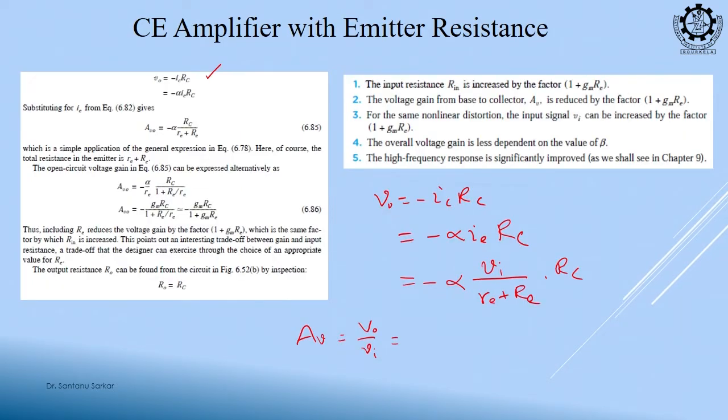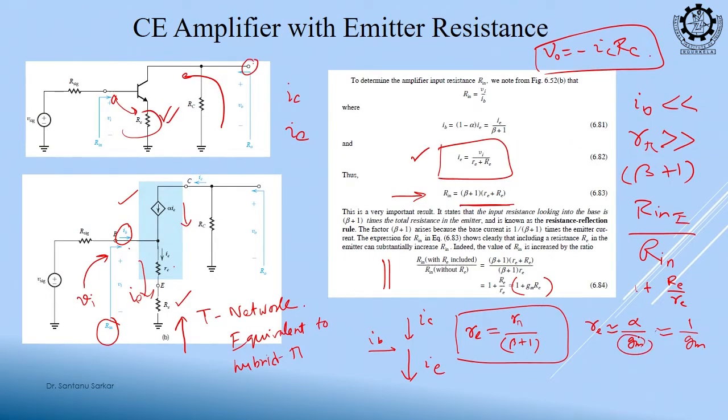So, if we take common minus alpha by small RE, it becomes RC by 1 plus capital RE by small RE, same circuit, I have just taken common this small RE. What is this alpha by small RE?